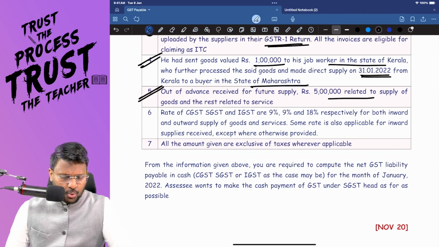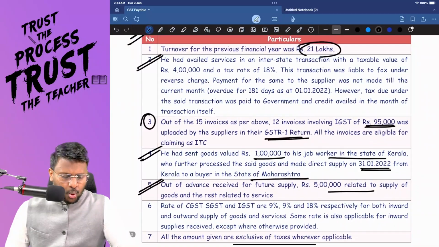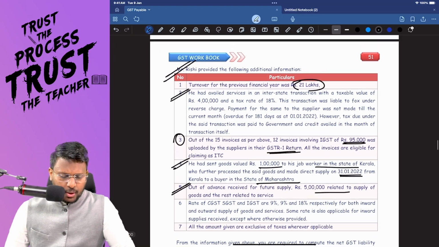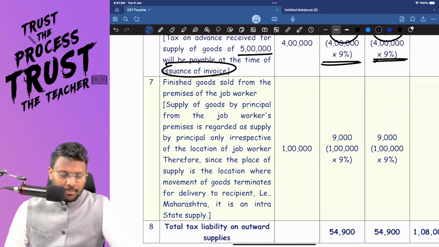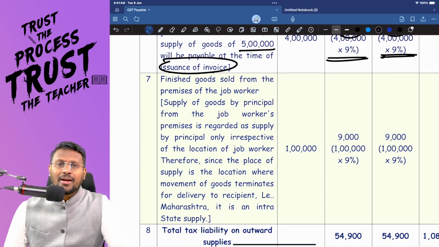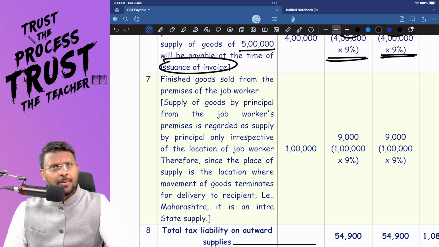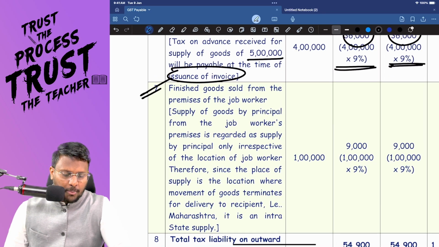My dear lovable students, they have sent 1 lakh to the job worker who further processed it, on 31/1/2022 they have sent, right? So we have to check whether it is within 1 year or not. Is it allowed to sell the goods from the job worker's premises by a principal? Yes, sir. So the finished goods are sold from the premises of the job worker.